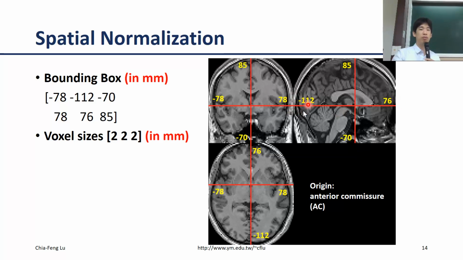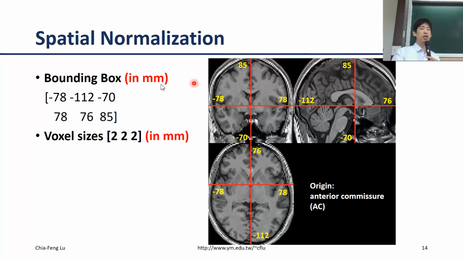The posterior limit goes from minus 112 millimeters to the positive value of 76 millimeters, again using the AC point as the origin. And the final one is the z-axis, meaning the head and feet direction. It will start from minus 70 millimeters to as high as 85 millimeters.